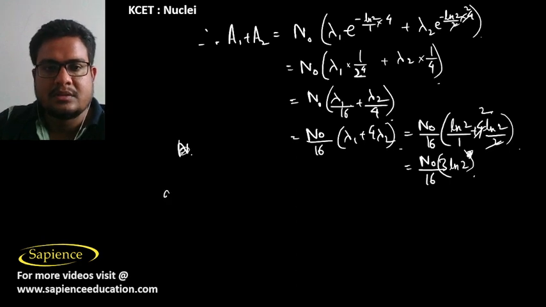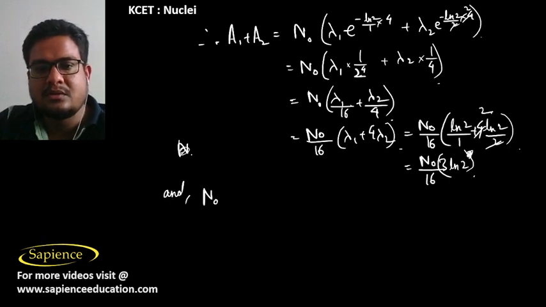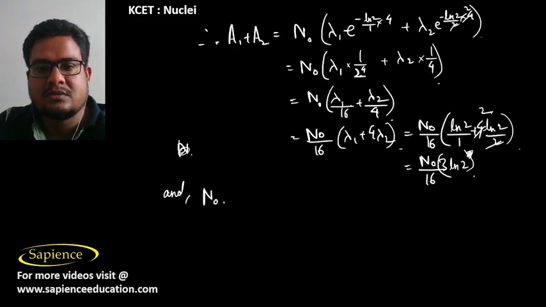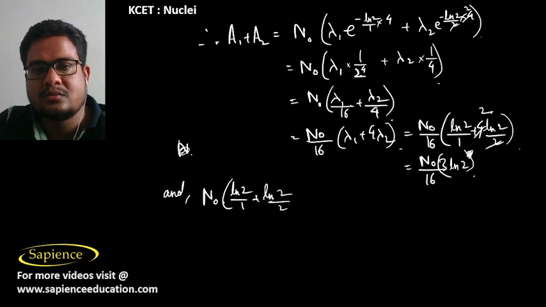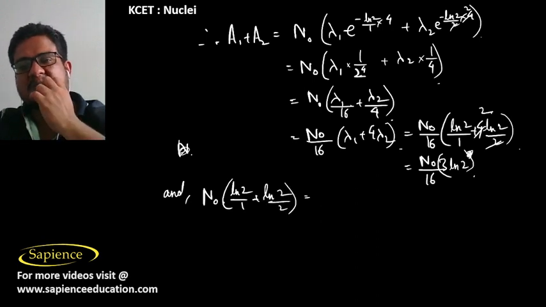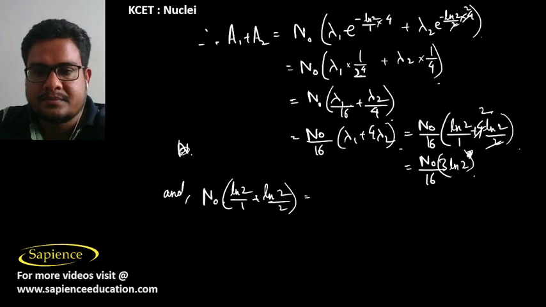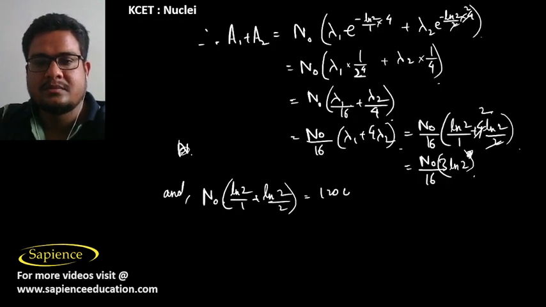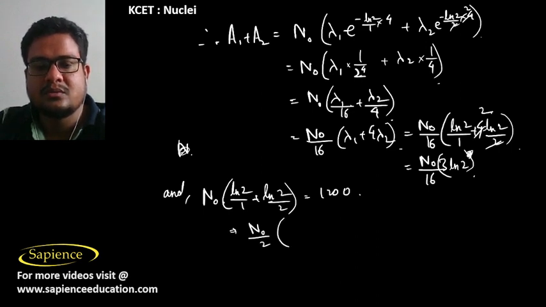And here, n naught into lambda 1 plus lambda 2 is 1200. So n naught into ln 2 by 1 plus ln 2 by 2 is equal to 1200. It means n naught by 2 into 2 ln 2 plus ln 2, that is 3 ln 2, is equal to 1200.